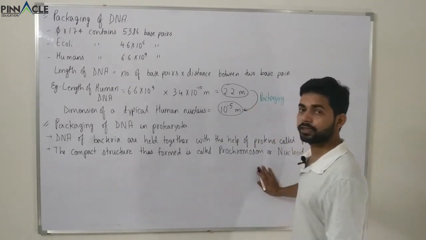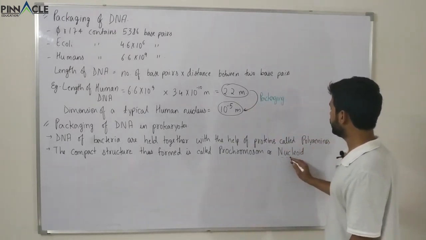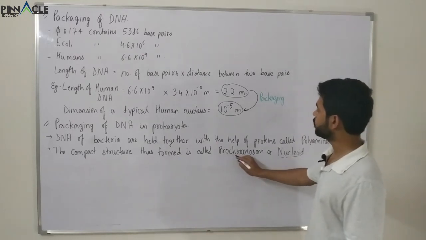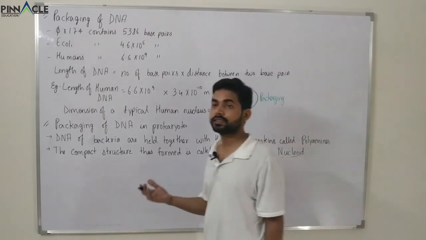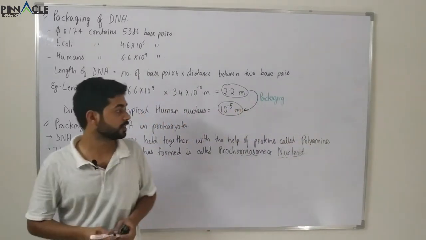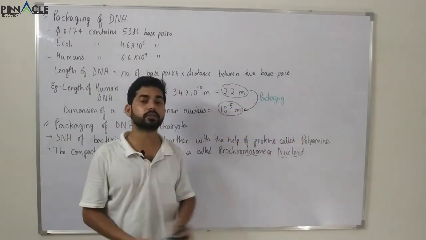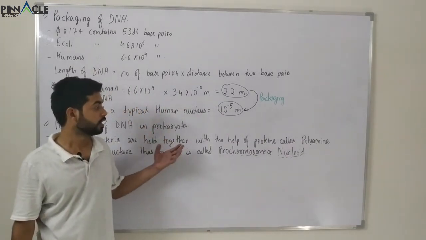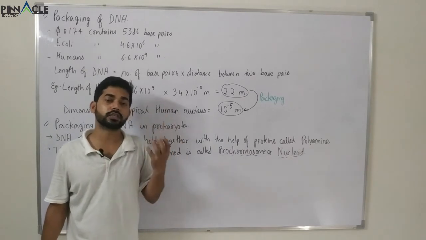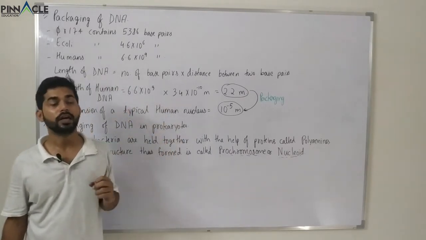In our NCERT we have this name, nucleoid. Apart from that, the other name for this is prochromosome. This compaction occurs with the help of RNA as well as polyamines. So in a bacterial chromosome, polyamines will be there, RNA will also be there, and those structures will help in holding the DNA.